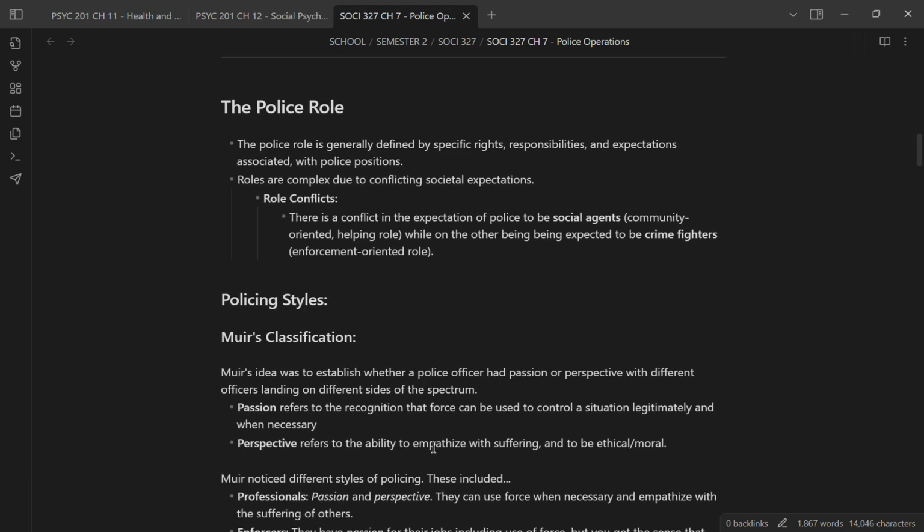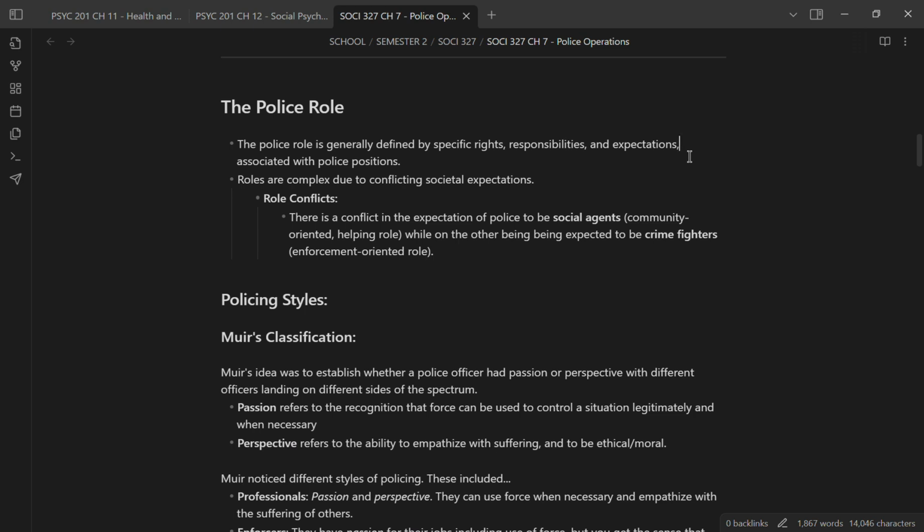The police role. What do police do? The police role generally is defined by specific rights, responsibilities, and expectations associated with police positions. They're complex, and the reason for that is because of us, the public. We expect a lot from police officers.